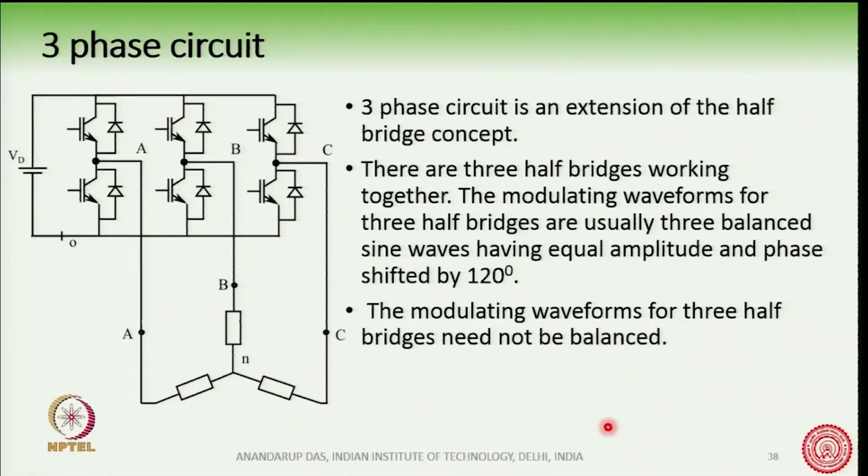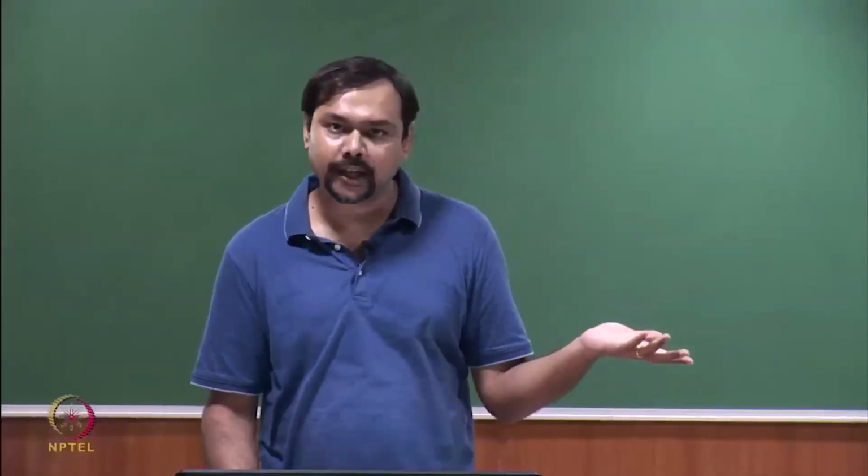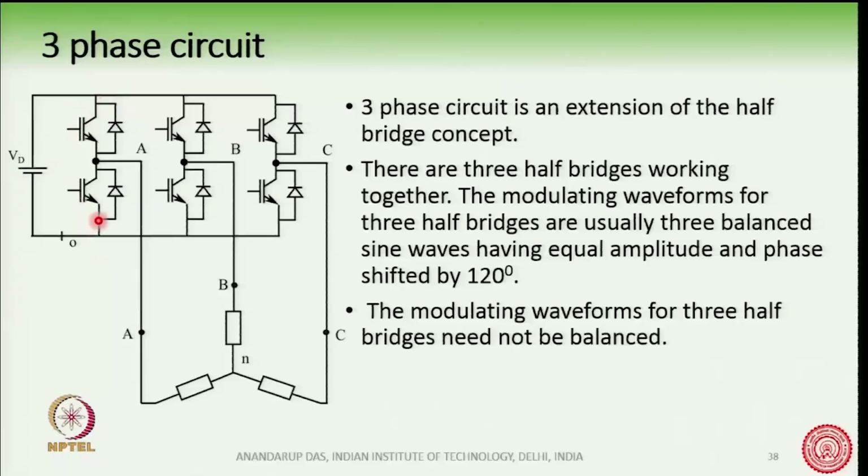They do not know that there exists one more leg. By putting these three legs, we are basically extending the concept of the half bridge. And this converter, which is a 3-phase converter, is nothing but 3 half bridges working together.